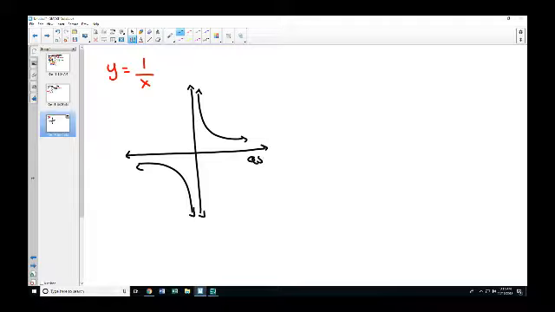Same statements. Again, those are always the same, so you can just count on that. What happens on the left side here? As x approaches negative infinity, what is the y value doing?